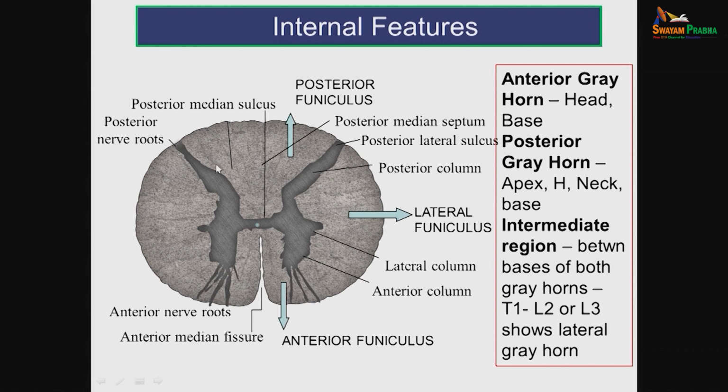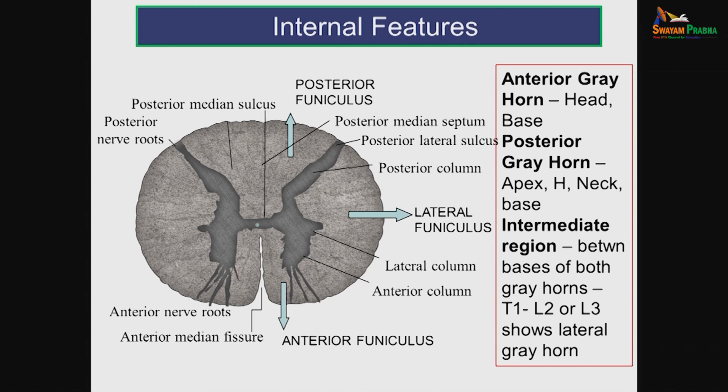So, this divides the posterior white column into a medial part and a lateral part. This medial part will be occupied by fasciculus gracilis and lateral part will be occupied by fasciculus cuneatus. Where is this posterior intermediate septum present? Only in the cervical and upper thoracic regions.